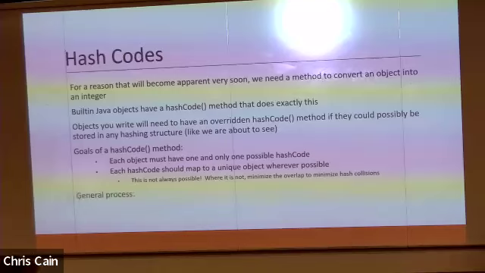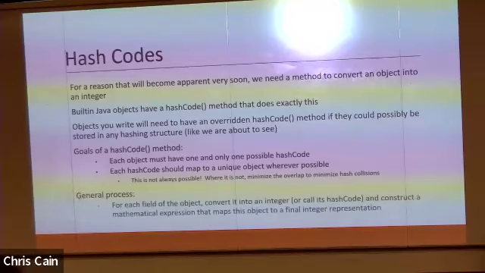So how do we do this in general? If it's a user-defined object, we're just going to go through every field of that object, and we're going to convert it into its associated integer via its hashCode. So for an object, it has a bunch of fields. Each of those fields are either built in, in which case there's already a hashCode function for it, or it's user defined, in which case we would have already written a hashCode function for it.